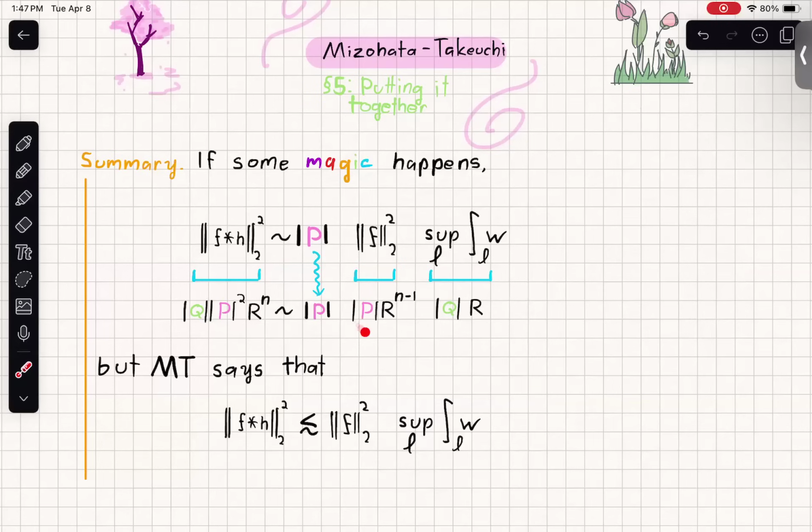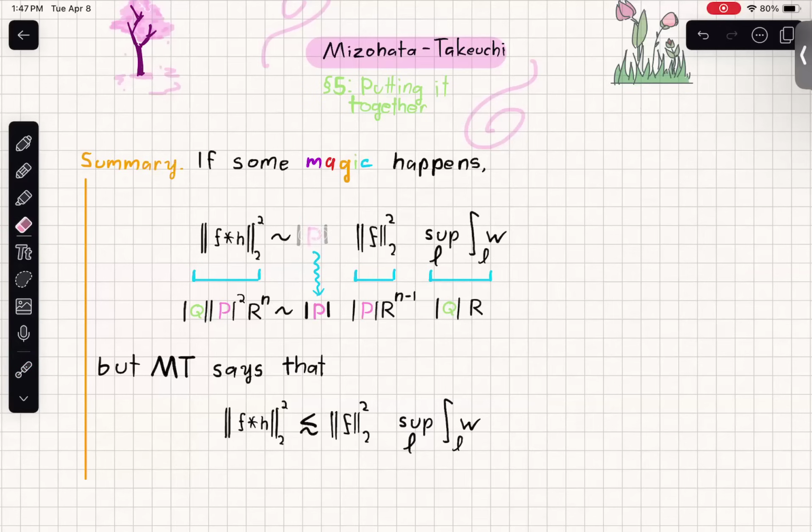But we'll figure out that it's equal to this, with some normalization factor, and in section 4 we found that we can write the supremum of, I want to call it the length of our weight, this way.